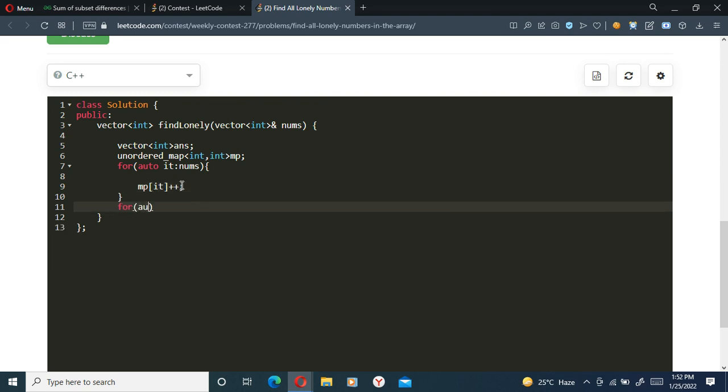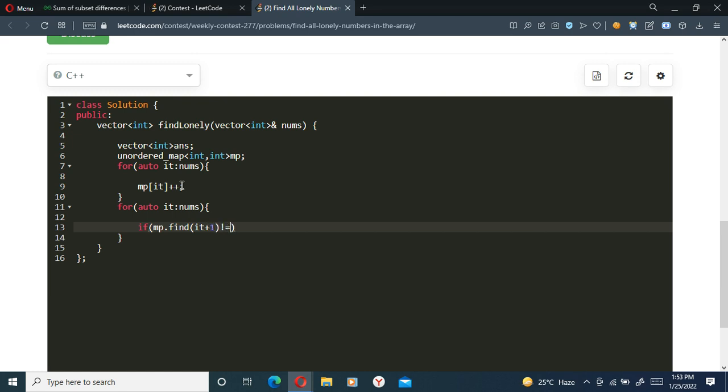Now I'll iterate again over auto it in nums and check if mp dot find it plus 1 is equal to mp dot end, and mp dot find it minus 1 equals mp dot end.